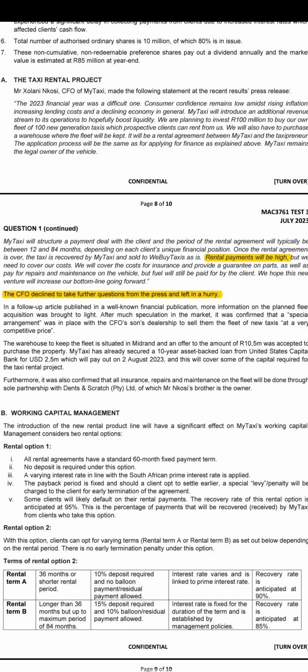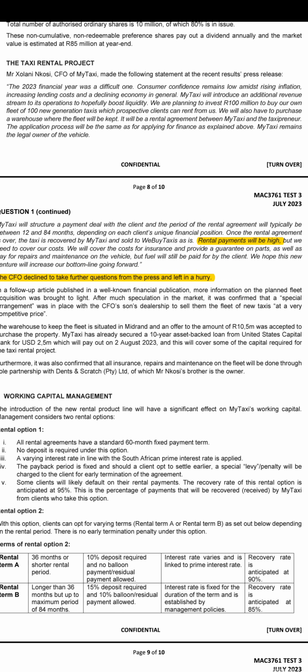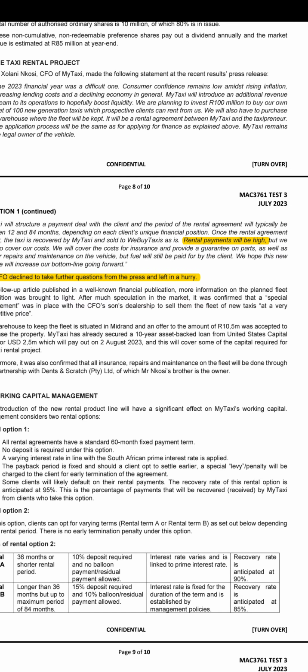My Taxi has already secured a 10-year asset-backed loan from United States Capital for 2.5 million US dollars, which will pay out on the 2nd of August 2023, and this will cover some of the capital required for the taxi project. So again, the warehouse is not the important information that's coming to light.